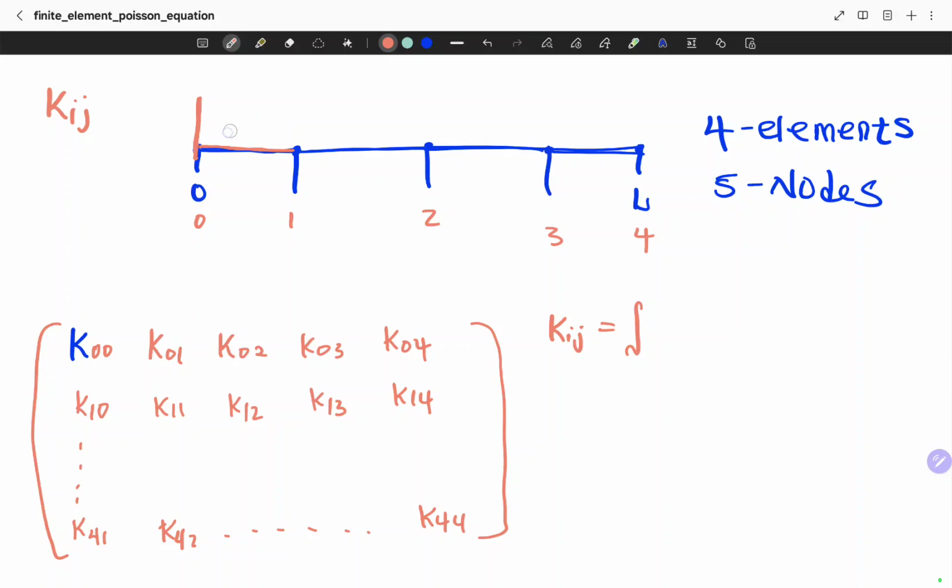So 0, 0 is a line like this. Just picture it as a line like this.